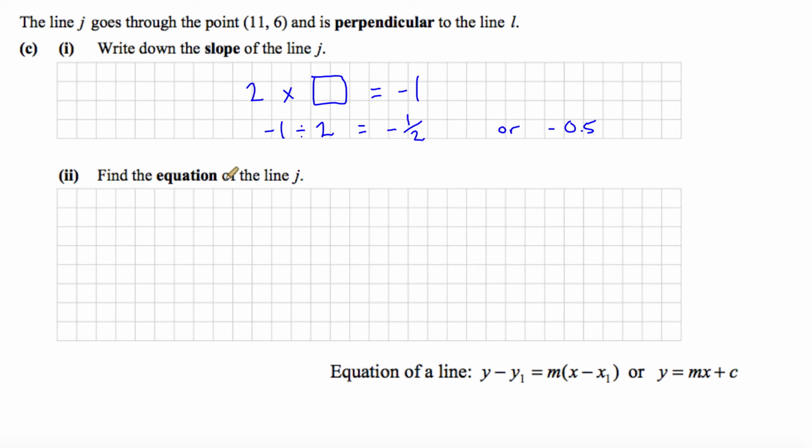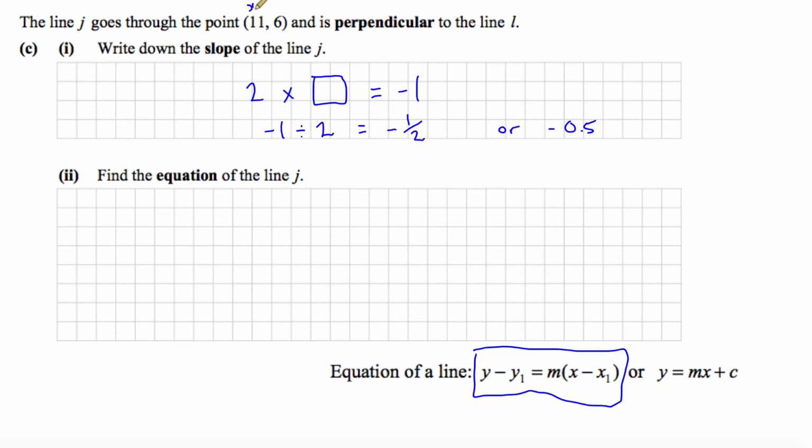Part 2 says find the equation of the line J. Okay, well if I want to find the equation of the line J, I have a point and I have the slope. So from the tables book then, I can use this formula here. This formula here is for the equation of a line if you know a point, (x1, y1).